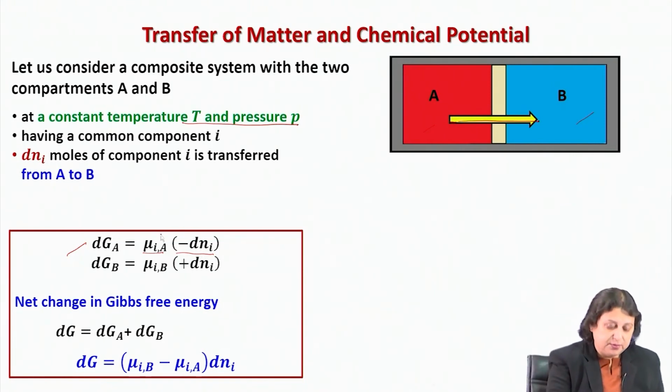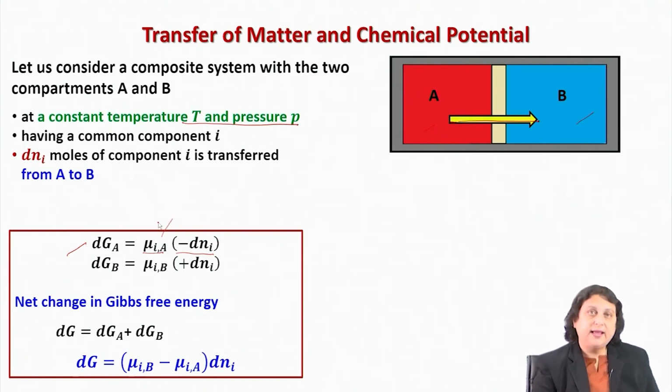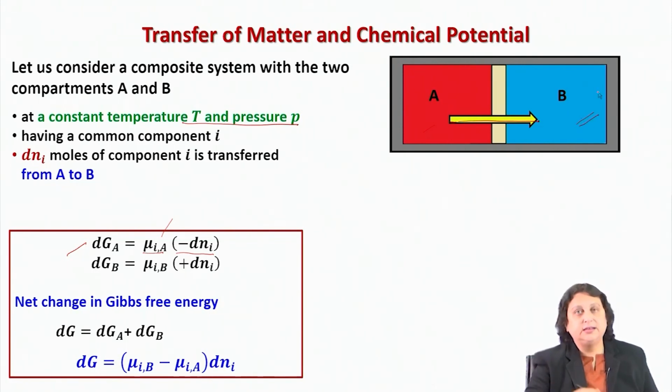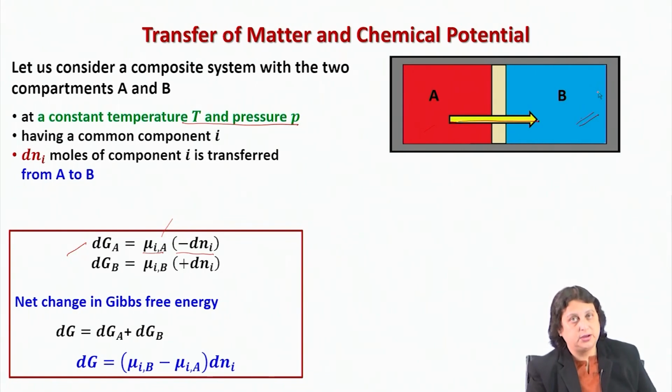So what is mu IA? That is the chemical potential of this ith component in the compartment A. Since the compartment B has gained dni moles of the ith component, what is going to be the corresponding change in the Gibbs free energy?